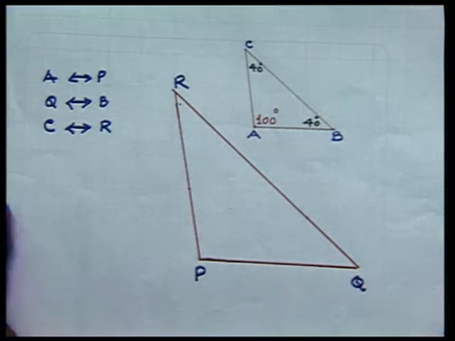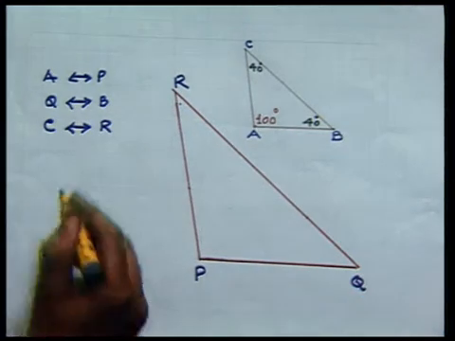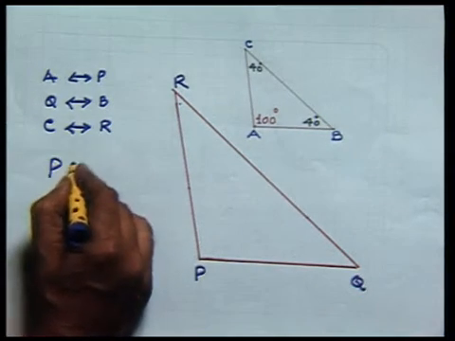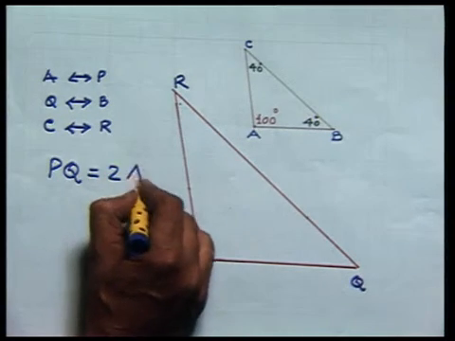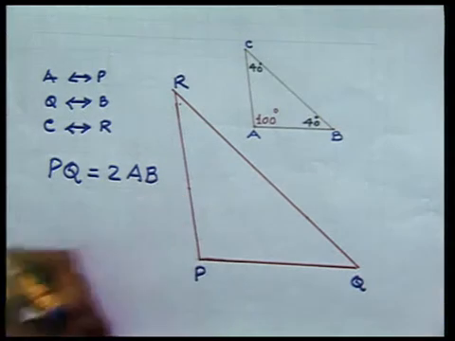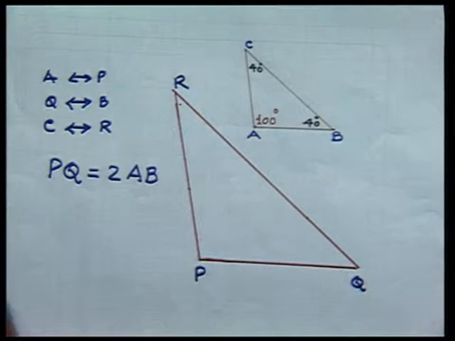So, PQ we see is twice of AB. Let us see the other sides.